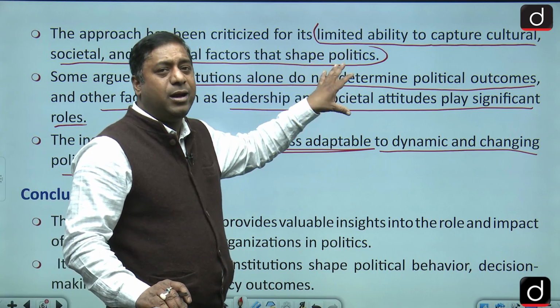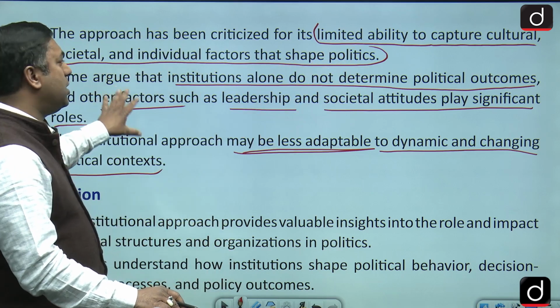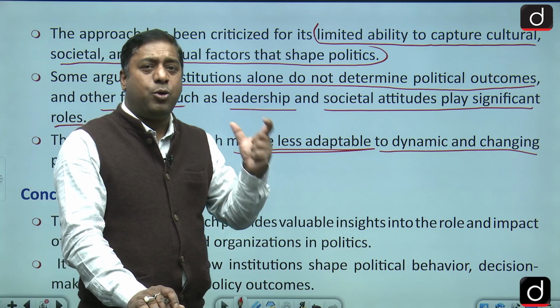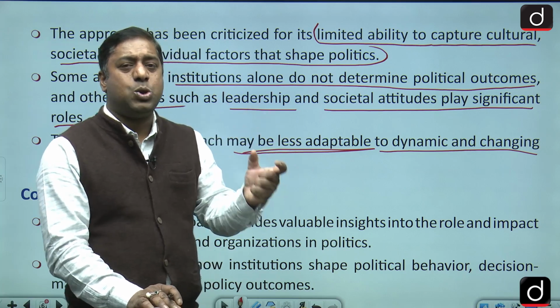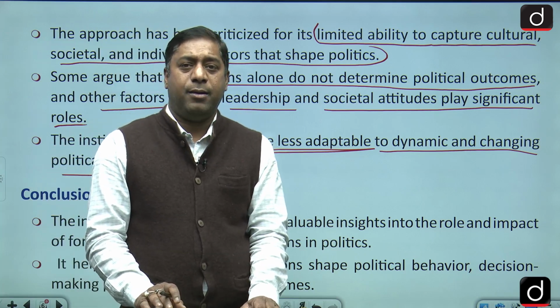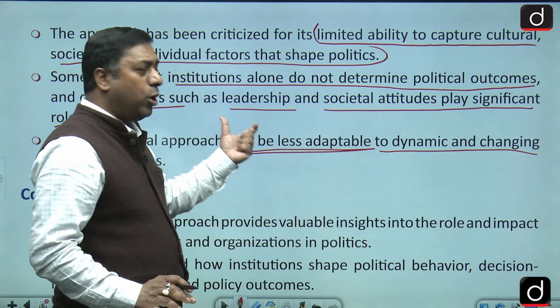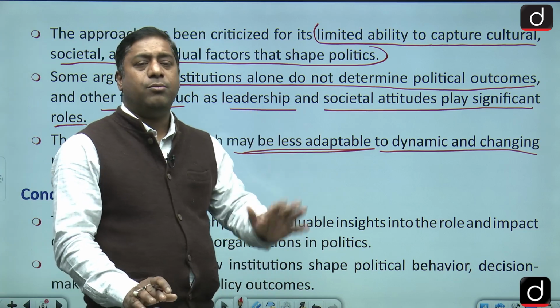The fourth point of criticism was that this approach only talked about the significance of institutions with regard to the shaping of the political role.